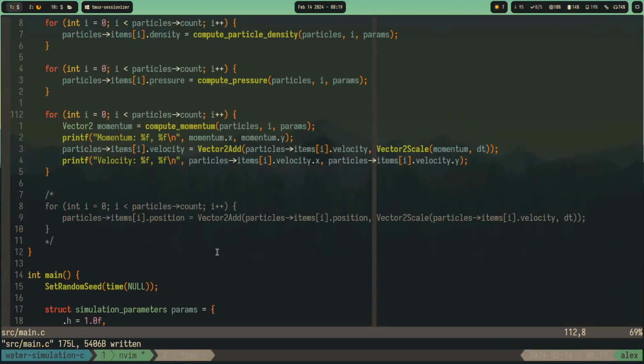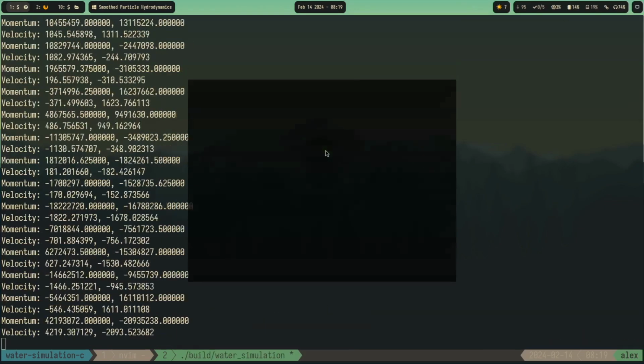Because it's just multiplication. Wait, oh no, I did some... Wait a second. I don't think I should add. I think it should be just this. The velocity, right? I mean, I'm not sure.